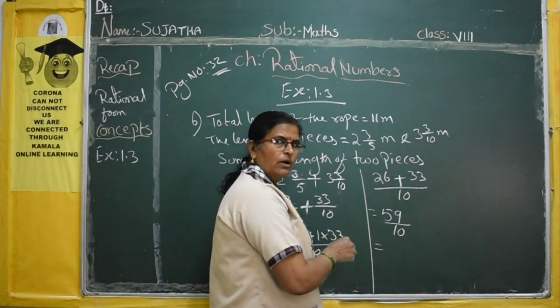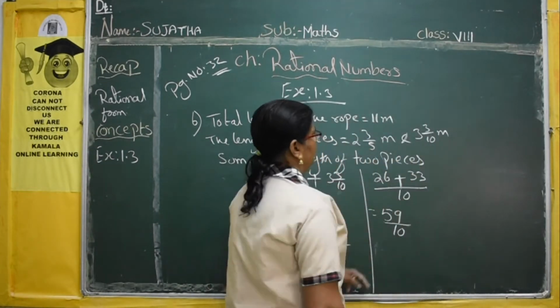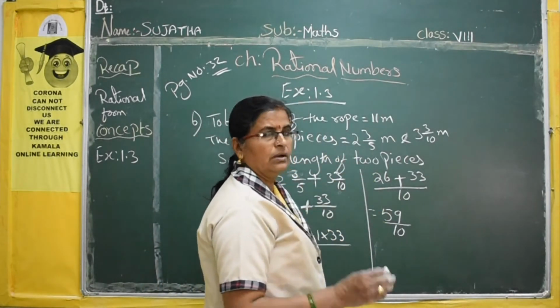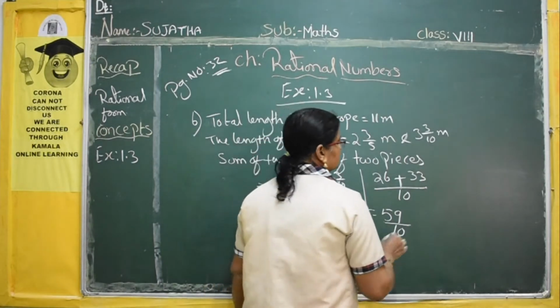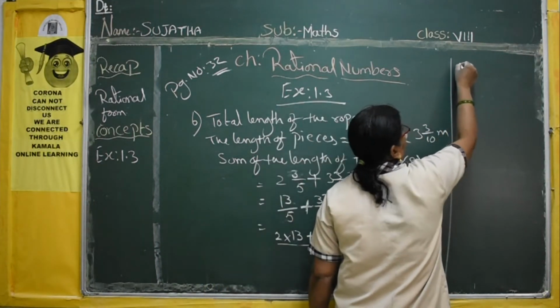59 by 10 is an improper fraction. Keep it like that only, no problem. This is the sum of the length of two pieces. Now we want only the remaining length of the rope.